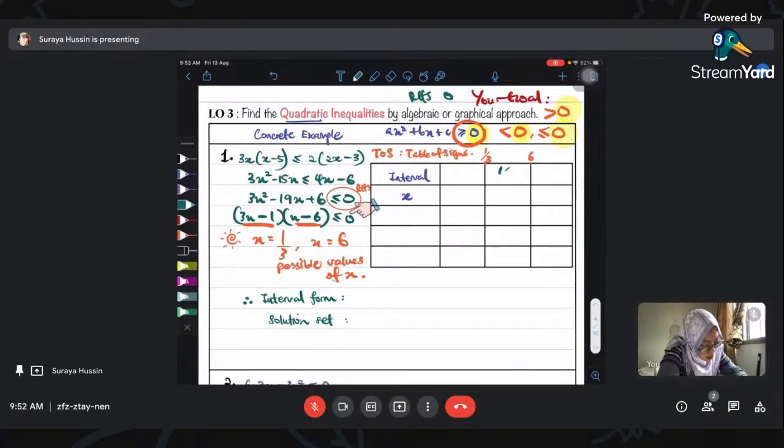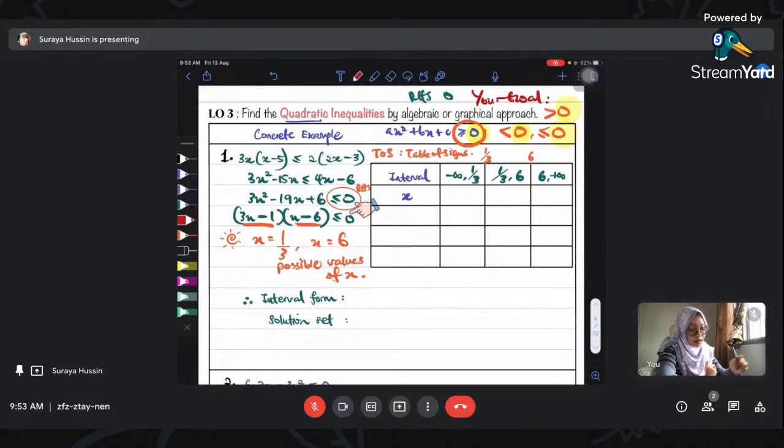Saya tulis nombor dulu. 1/3 dan 6. So ni kotak di tengah-tengah adalah 1/3 dan 6. Kotak di belah kanan adalah 6 ke positive infinity. Dan kotak yang di belah kiri adalah negative infinity pergi berhenti pada 1/3. So this is how you guide yourself, how to write it down nicely.